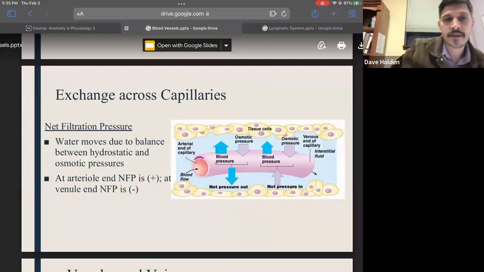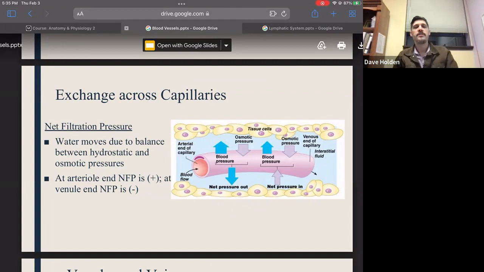The second way to get something out of a capillary is through filtration. Filtration will usually deal with fluids, but I think the easier way to think about filtration is like a strainer or a colander.